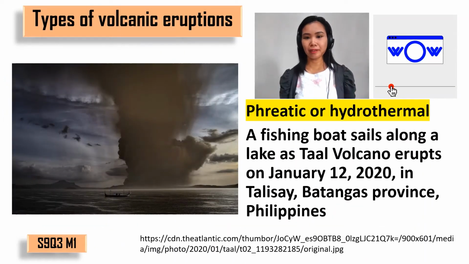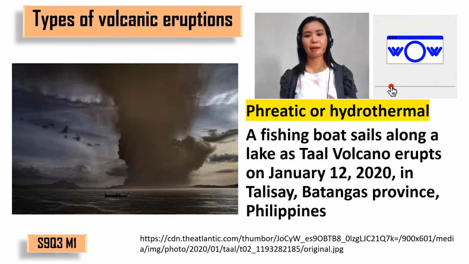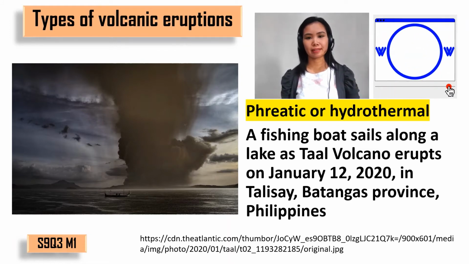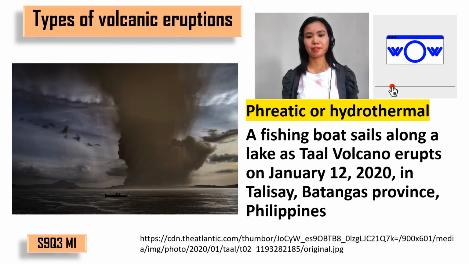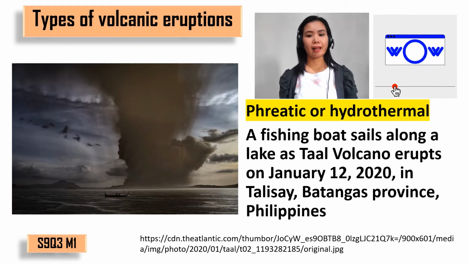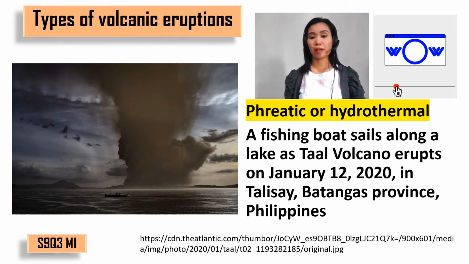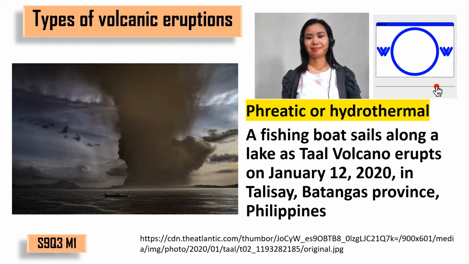Then we have here an example of a phreatic or hydrothermal eruption in the Philippines. As you can observe, it is what? Very good. It is Taal volcano that erupted last January 12, 2020.